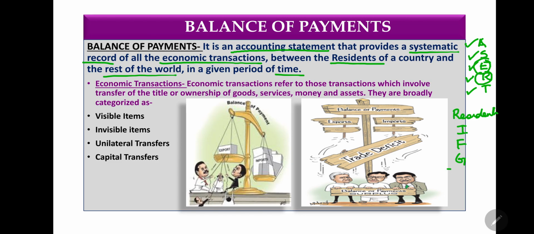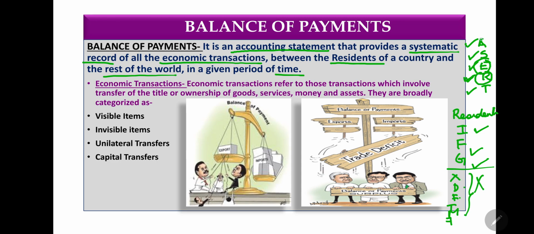But residents do not include diplomatic staff, foreign military personnel, tourists, migratory workers, or branches of foreign companies. These all are not included as residents of a country. Only individuals, firms, and government agencies are part of residents of a country. So this part is clear.